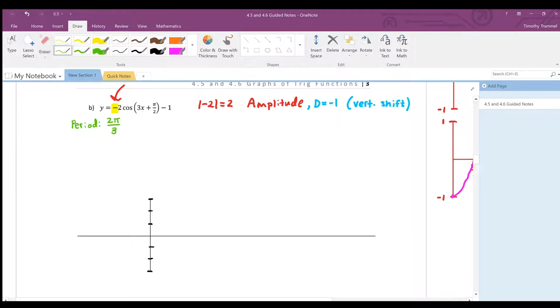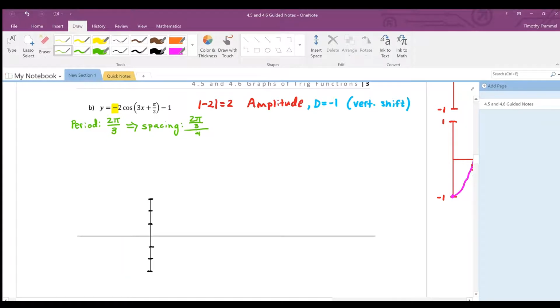So there's the period. Next, we can find the spacing. As soon as you have the period, you can always find the spacing. How far do we want to put these tick marks apart? That's going to be 2 pi over 3, and then all that over 4.